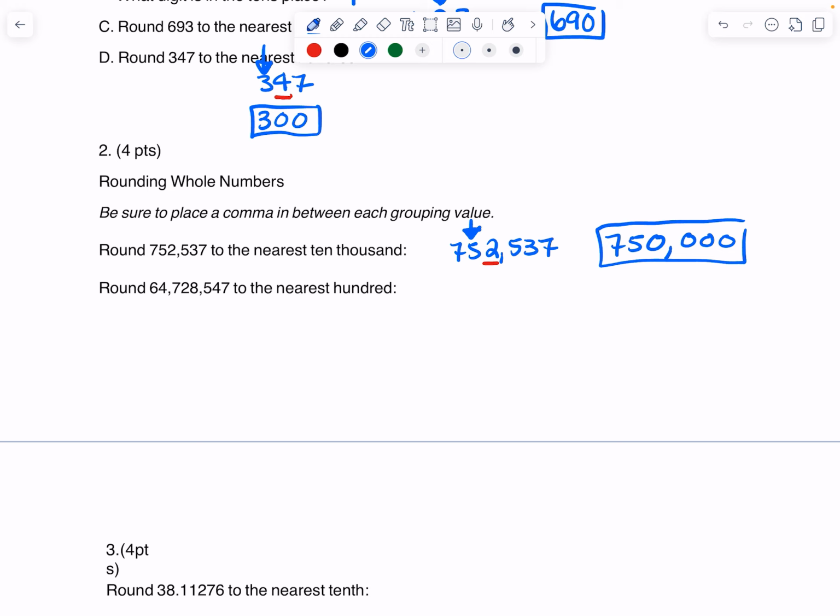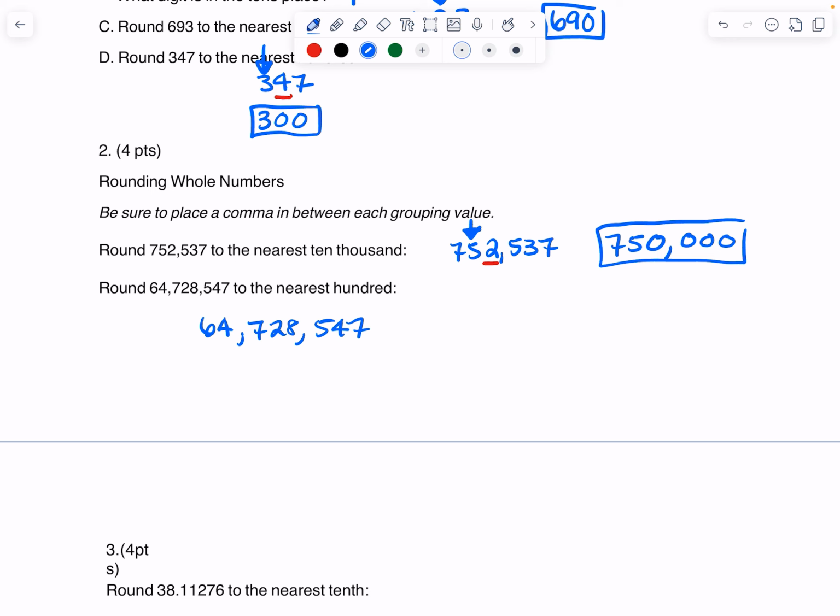So this becomes 750,000. Okay, round 64,728,547 to the nearest hundreds. So the 7 is in the ones, the 4 is in the tens, the 5 is in the hundreds, the 8 is in the thousands, the 2 is in the 10 thousandths, the 7 is 100 thousandths, the 4 is in the millions, and the 6 is in the 10 millions. So when we look at this, I'm going to write the digits 64,728, and then 547.